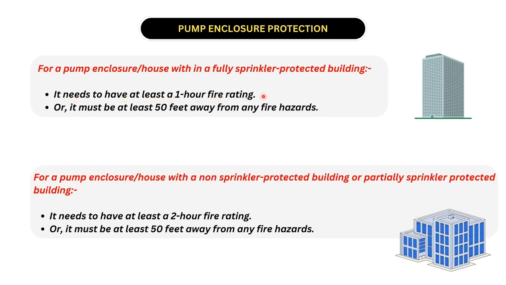The second scenario would be a building which is not protected by the sprinkler system. However, you have a hydrant network or an external fire hose cabinet network, or the building is partially protected. Then the fire pump needs to have at least a 2 hour fire rating, or it must be at least 50 feet away from any fire hazards.